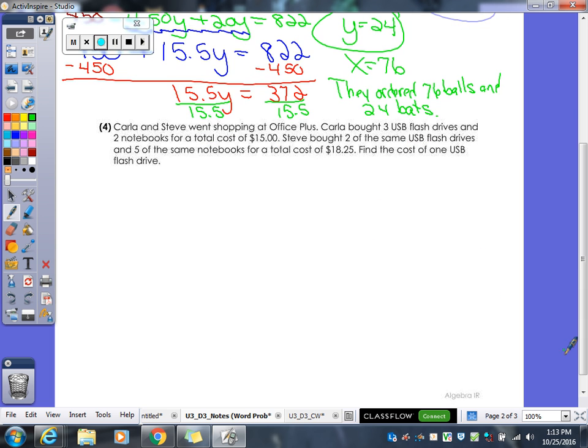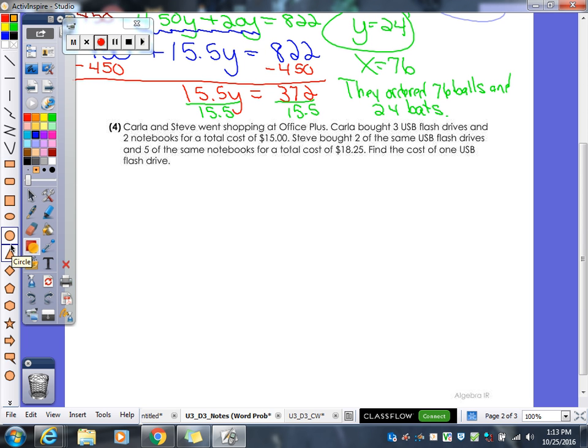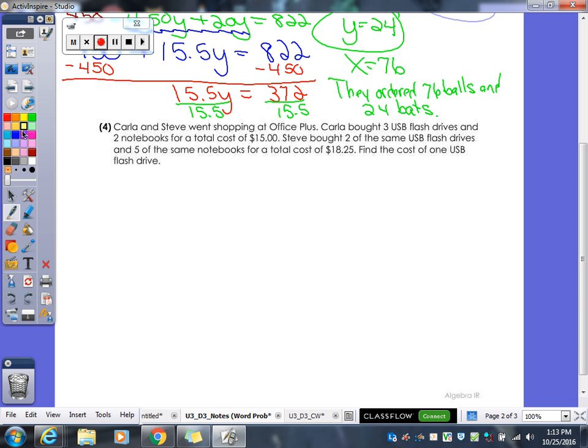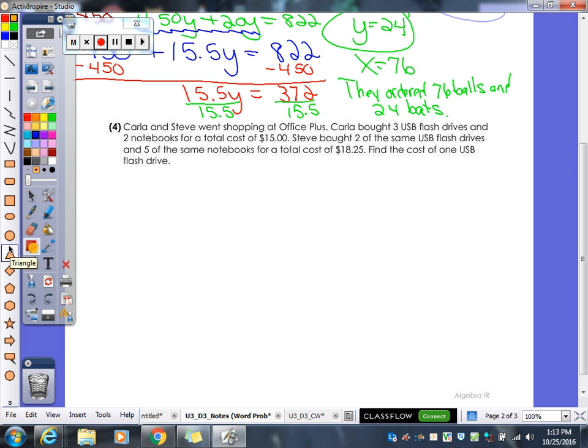Now this one, even though it has money, there's money throughout the problem. So we're going to have a let statement box. And then we'll have an equation box.